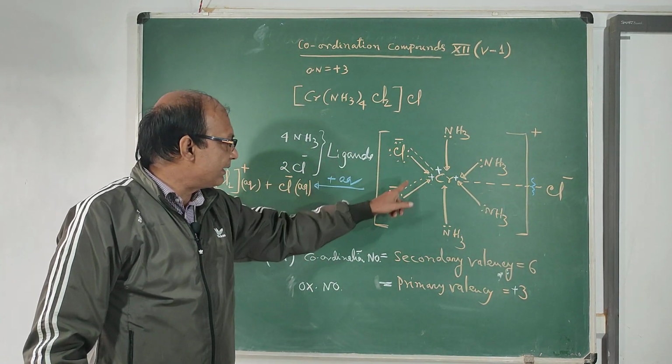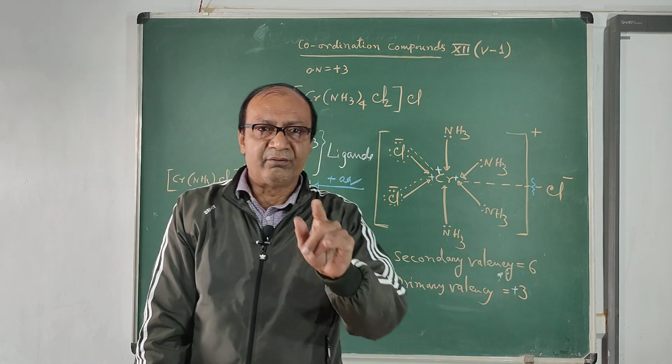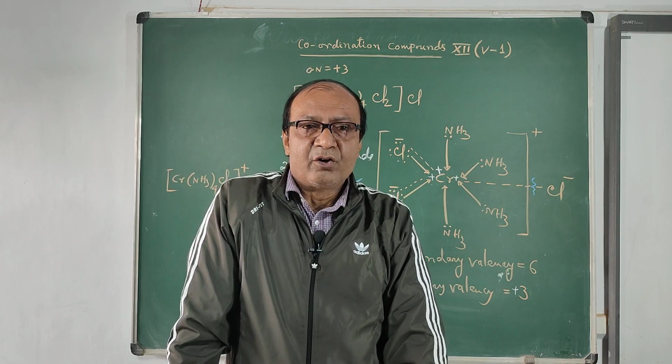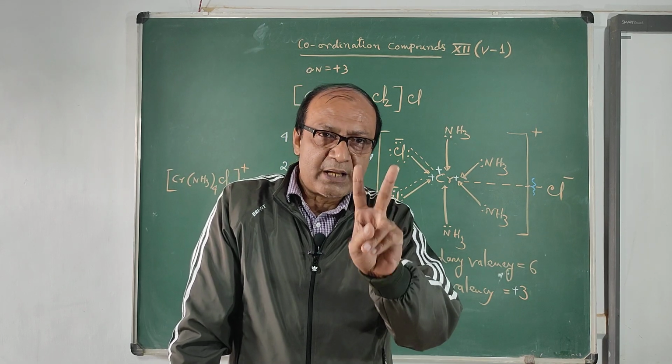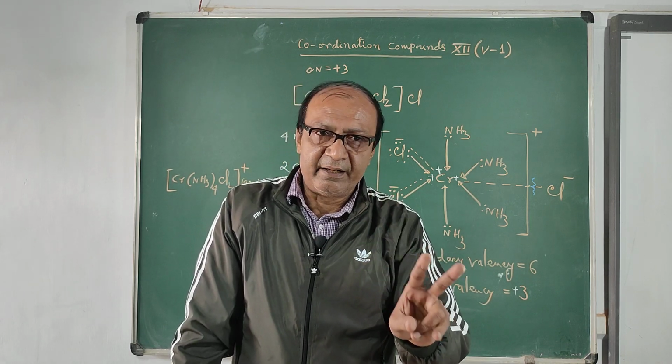The other primary valencies are not ionizable, and that's why it is told in Werner's theory that the central metal in a coordination compound possesses two types of valencies, primary valencies and secondary valencies.